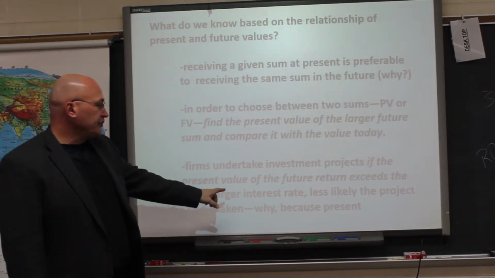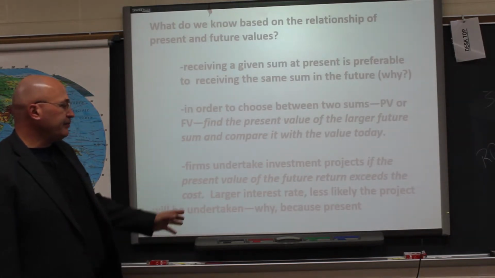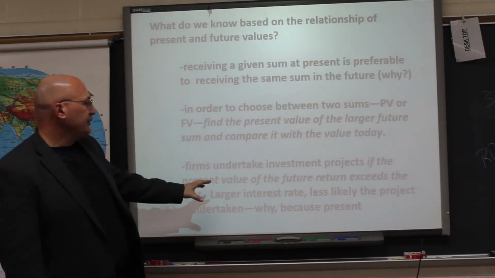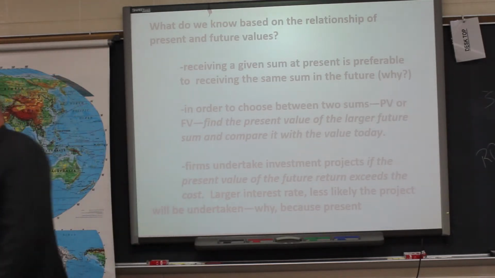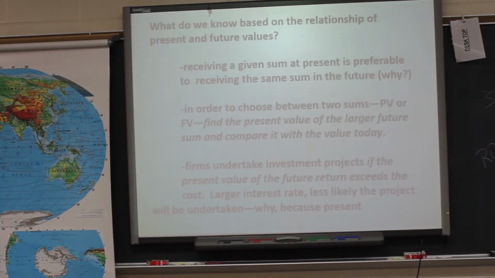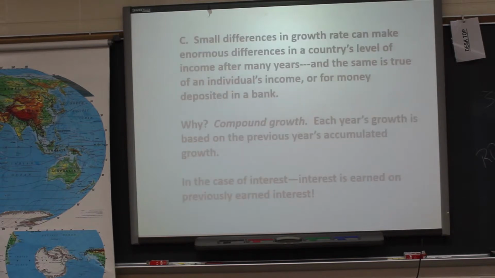The larger the interest rate, the less likely it is that the project will be undertaken. Why? Because the present value becomes smaller. The larger interest rate, the less likely the project will be undertaken. Present value becomes smaller. Interest rates rise, investment declines.